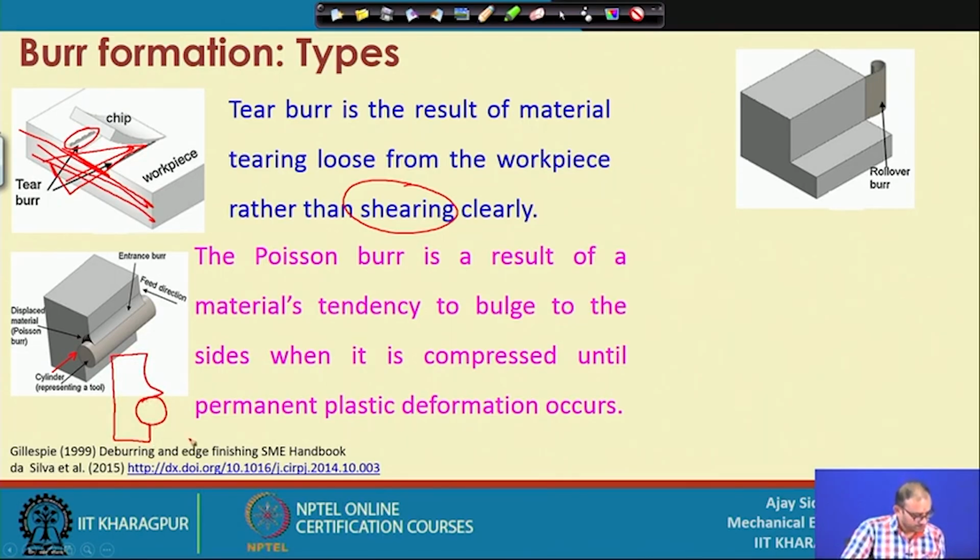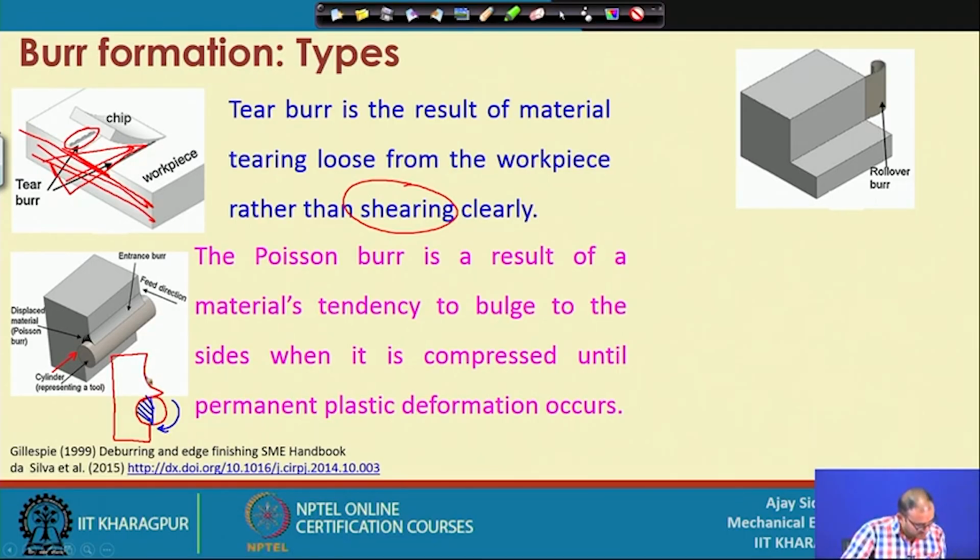Now, whatever this material is, because when you are pressing this tool inside, this is the amount of material that is displaced. Rotation is in this direction, correct. So, when you are pushing this particular tool into this material, this amount of material will try to displace at some location.